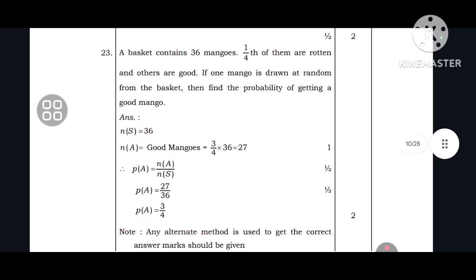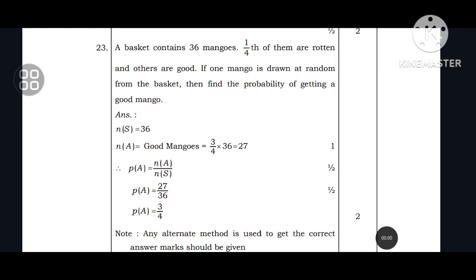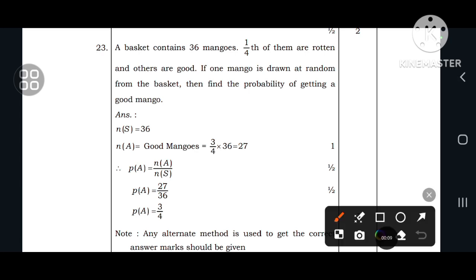A basket contains mangoes. This is also from the chapter probability. They have asked about the balls, they will ask about tube lights, and many other questions. As I was speaking about the lesson probability, as you can see how they have solved, they have taken the formula n of S is equal to 36, as 36 mangoes they have contained, and they also told that 1/4 of them are rotten, meaning not good.